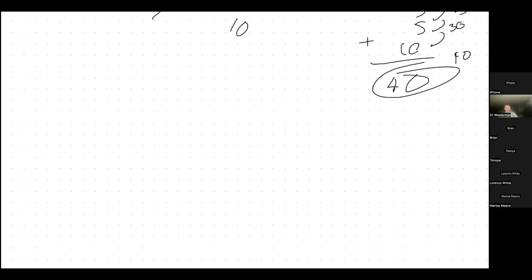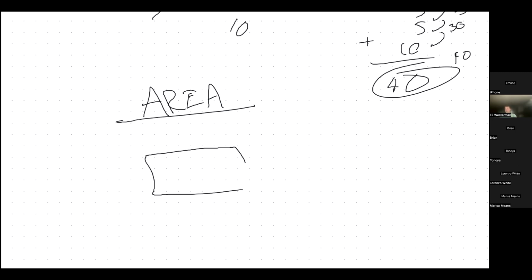We're going to do the concept of area. Now, what is area? Let's say our farmer has moved on from fencing the field, and instead he wants to know how much surface he can cover.